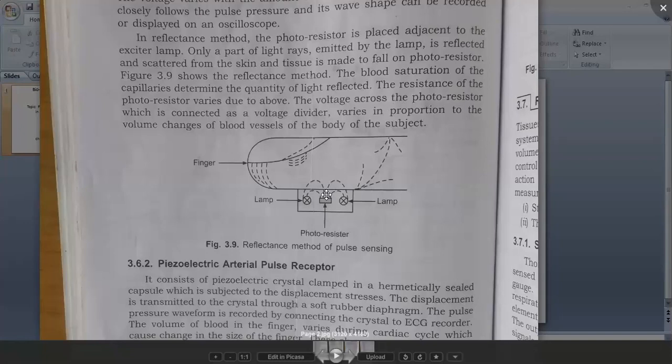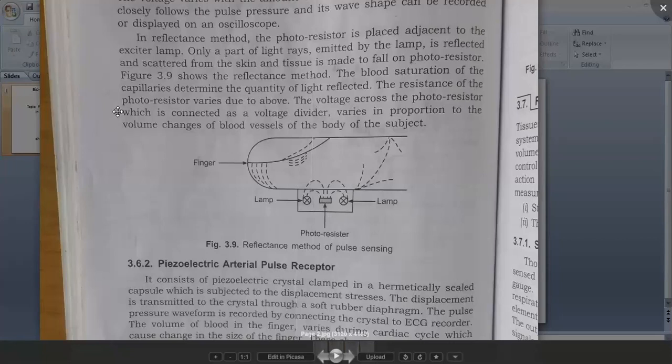Depending upon that, the reflected light will be received by the principle of reflectance. The light will fall on the photoresistor. If the blood changes again, there is a change in the resistance of the photoresistor due to variation of the blood pressure in the vessels.